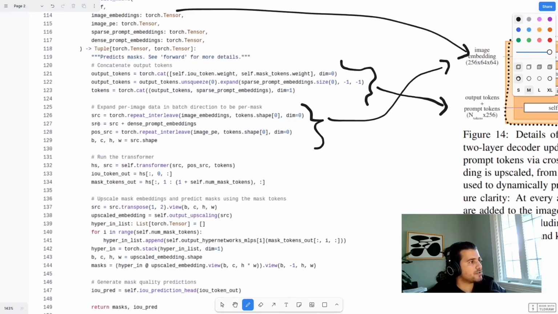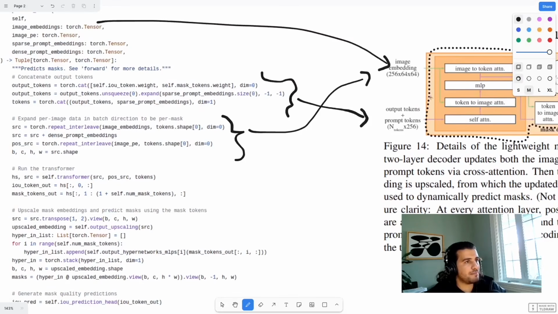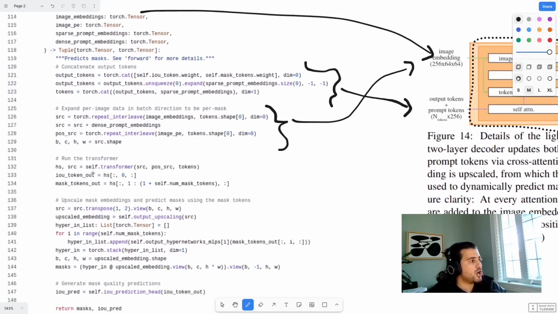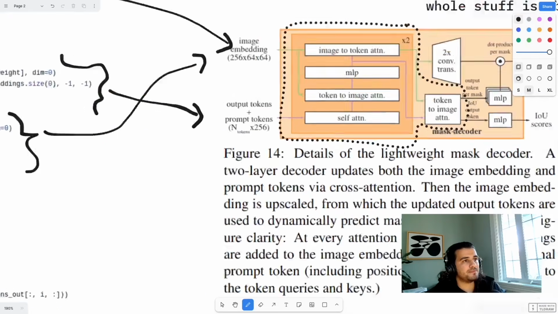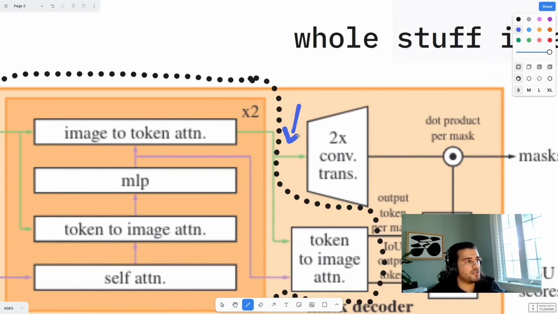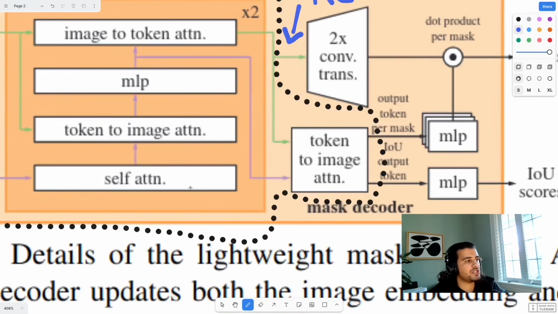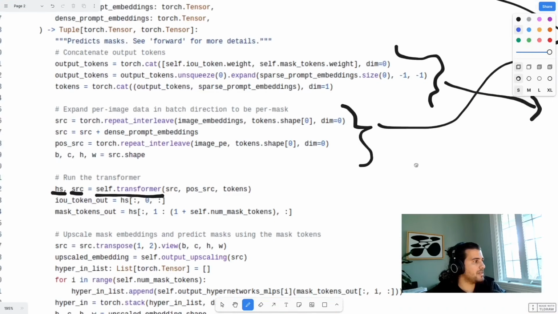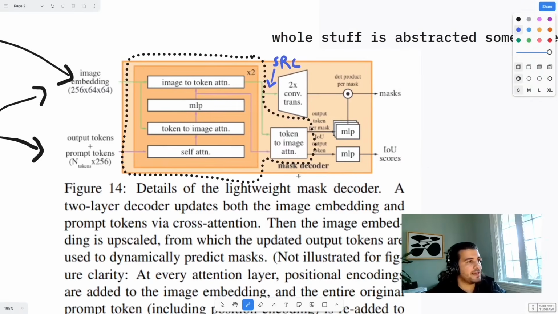Anyway, so we give the src and pos_src and these tokens, which are these inputs, to a transformer, which is what we saw before. And this will return two things. It will return this and the src. This is over here. This is the src, right? How is it called? hs is here.